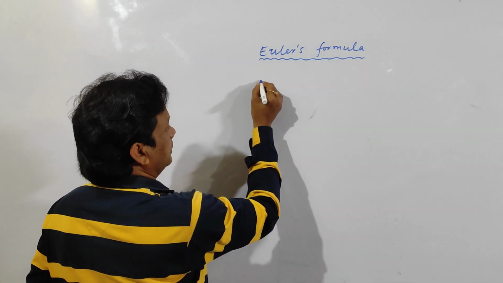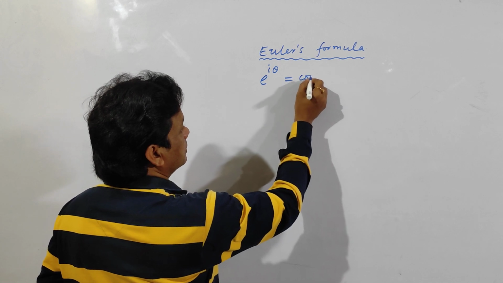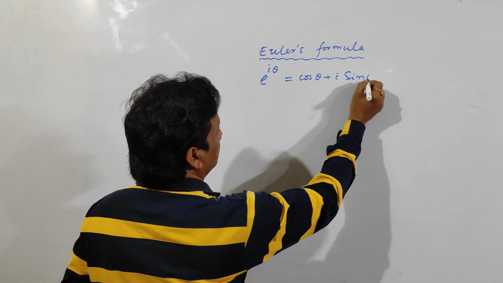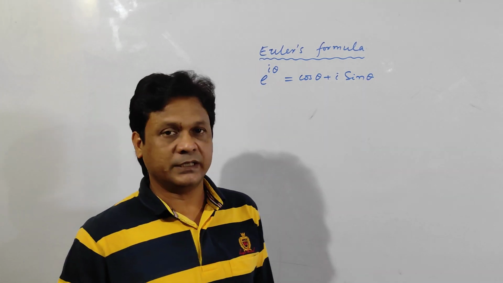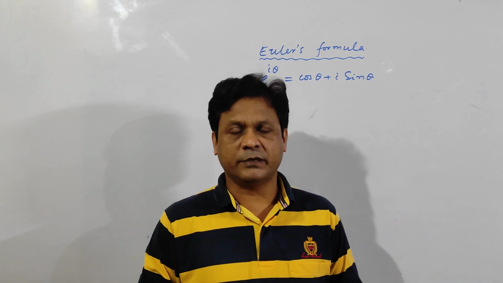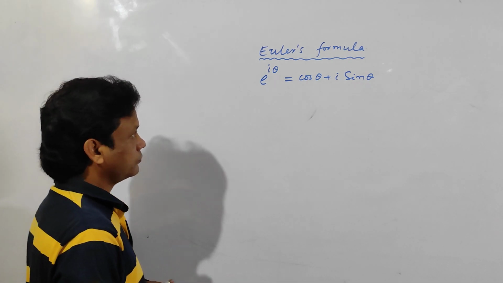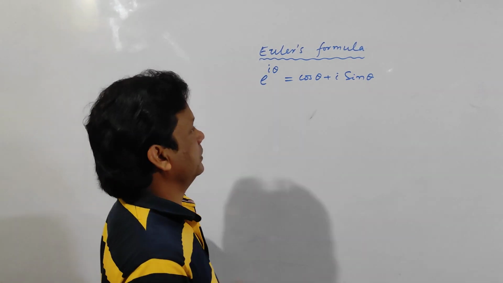Euler's formula: e to the power i theta is cos theta plus i sin theta. It is a very important formula, and its application is very important. That means in place of cos theta plus i sin theta, you can write e to the power i theta.